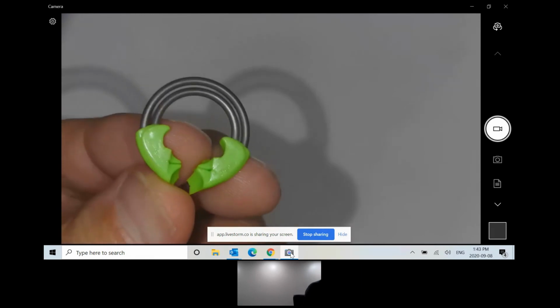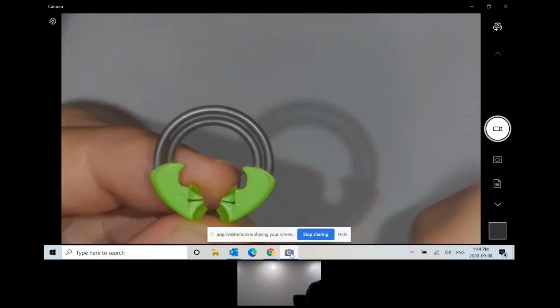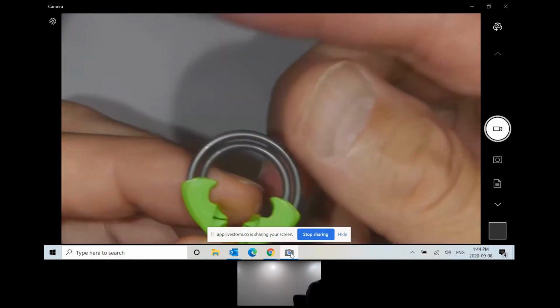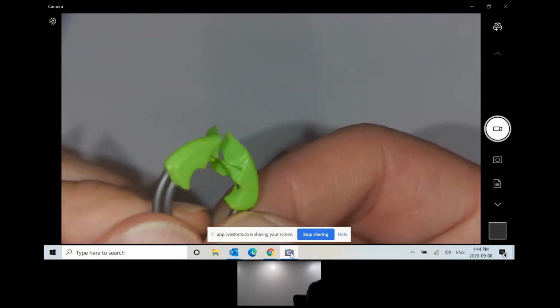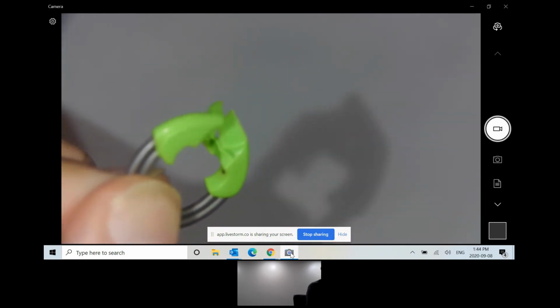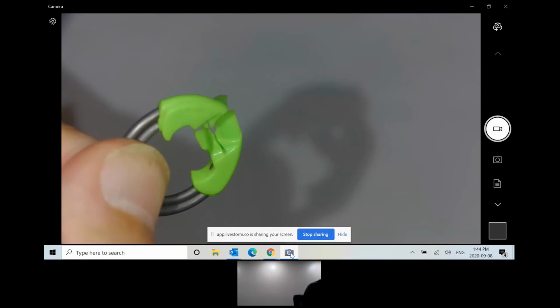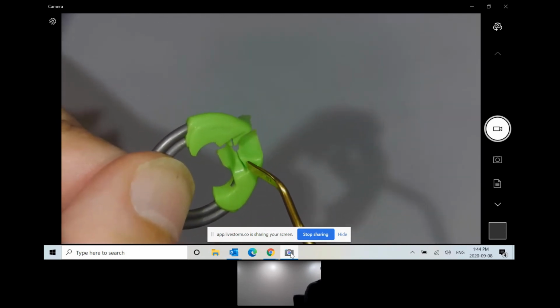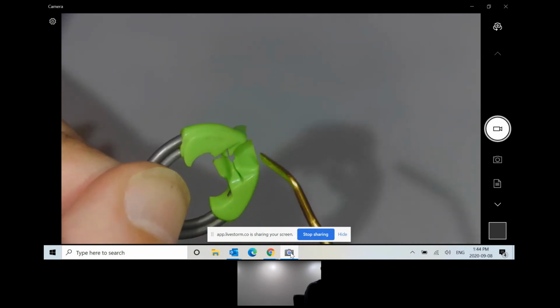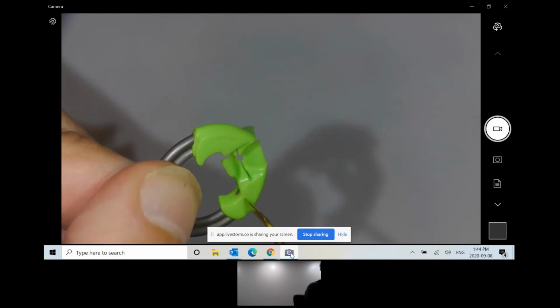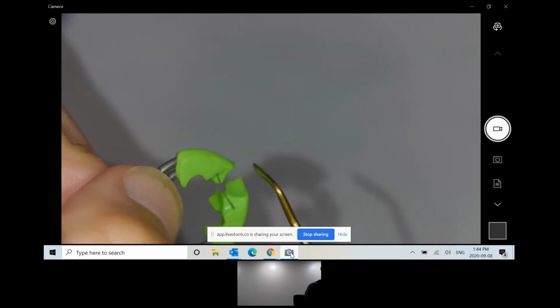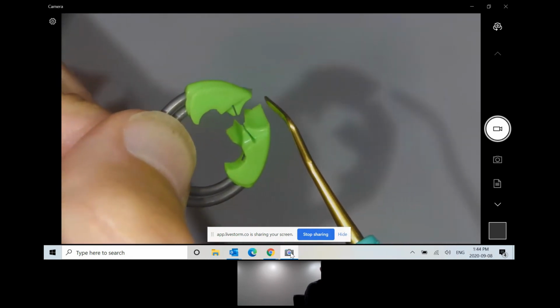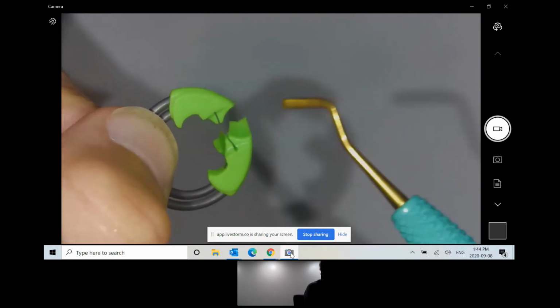So here's the dual force ring. As I say, you can see the rings are round, but there are a couple of things I want to point out to you. Let me just refocus here. As you can see this slot here, the reason why we put this slot in is it allows these four prongs to articulate independent of each other. And that's going to provide you with superior tooth seal and separation.